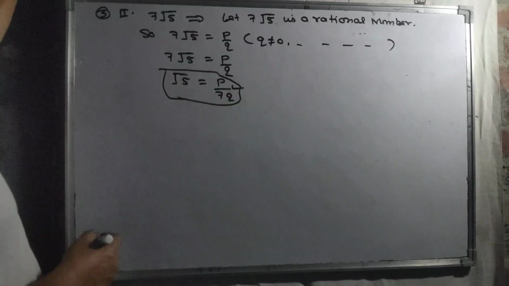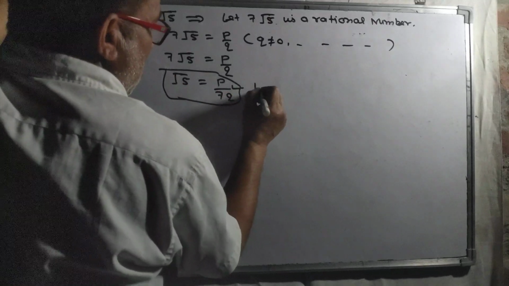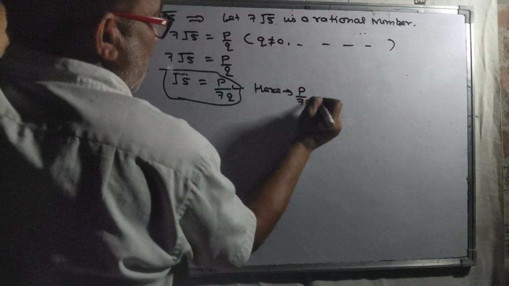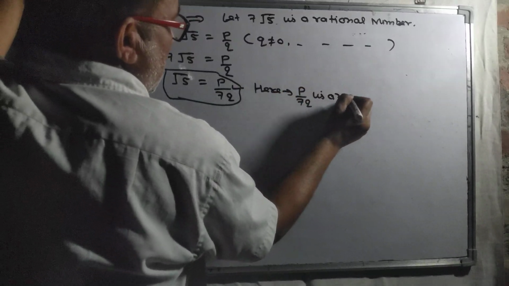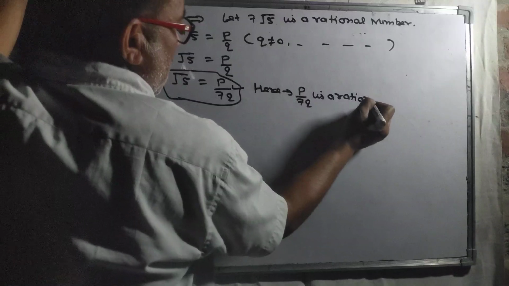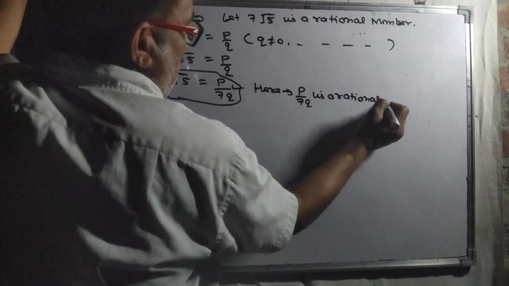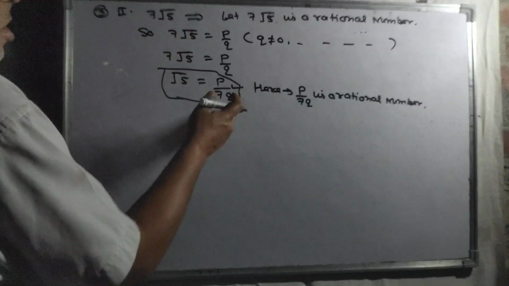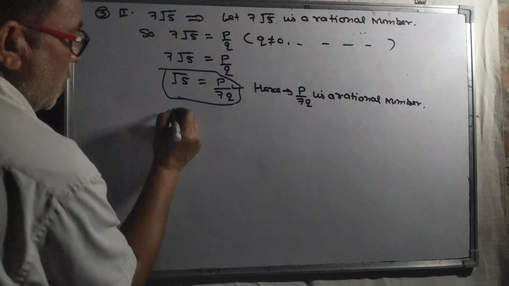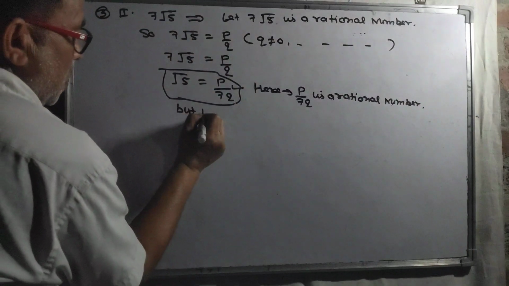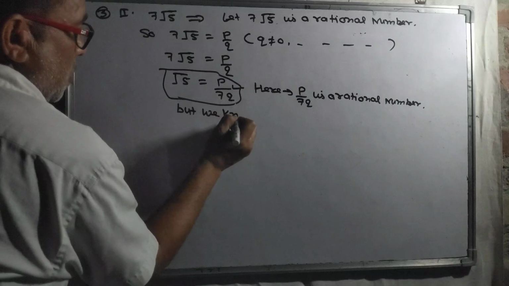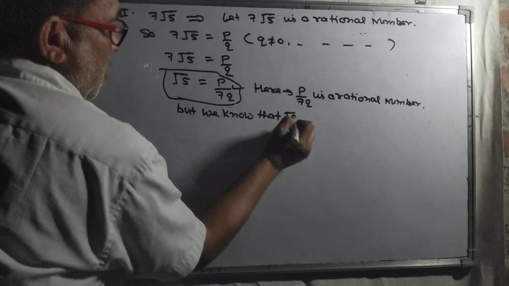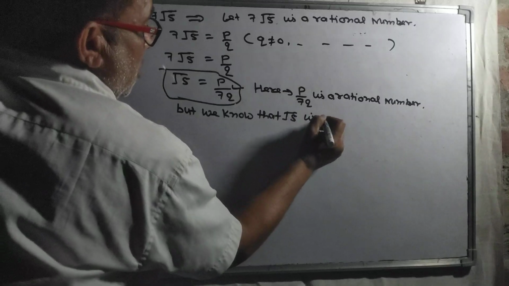Here p upon 7q is rational because it is in the form of p by q, but we know that root 5 is irrational.